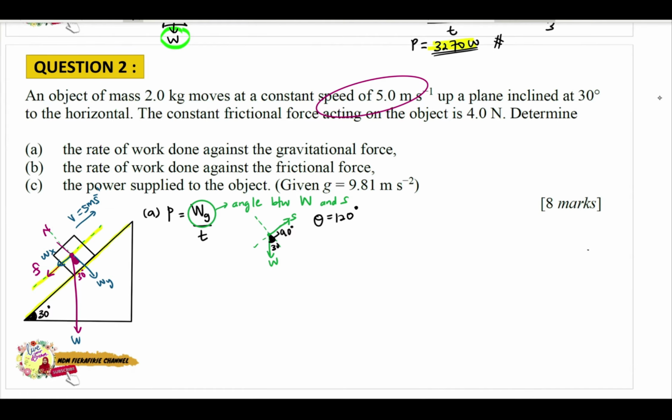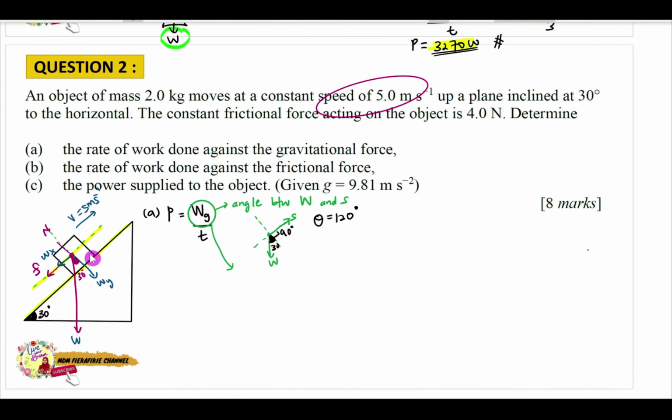Or you can resolve W into WY and WX. When you resolve W into WY and WX, we must choose a force that is parallel with the displacement. You can see here that for WY, the direction of S is upward, so the angle is 90 degree. S is upward, WY is downward at 90 degree.